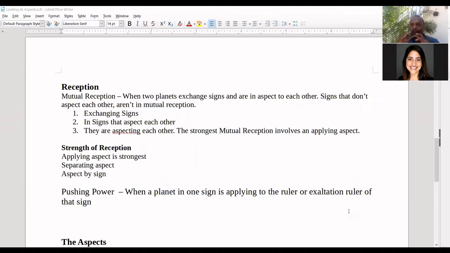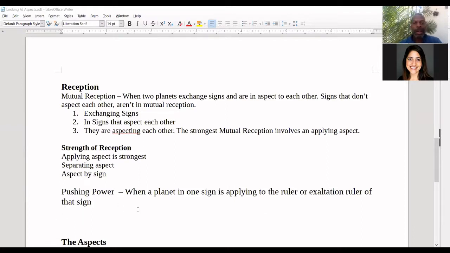So this is how the differences really show up. This is how all of the things that I've been bringing to you have been about being able to discern how the chart is speaking specifically to you and how to understand the specificity.